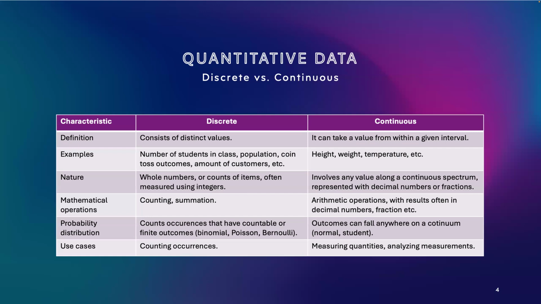Common examples of discrete distributions include binomial, Poisson, and Bernoulli. In continuous distributions, we have the normal distribution or the Student distribution. The use cases essentially for discrete distributions are counting occurrences, while for continuous distributions we have measuring quantities, analyzing measurements, and so on.